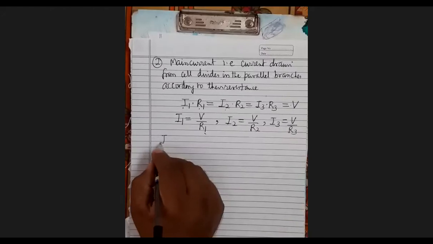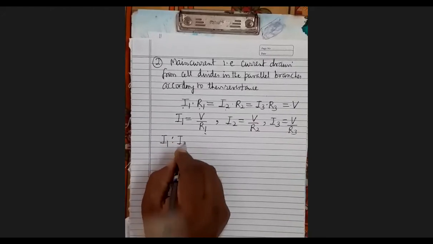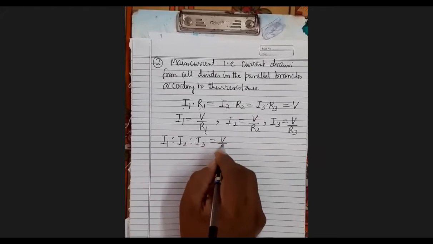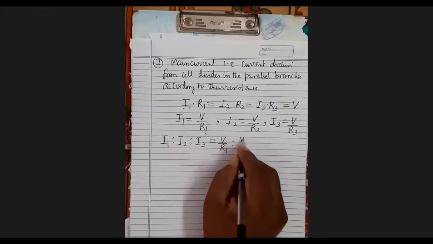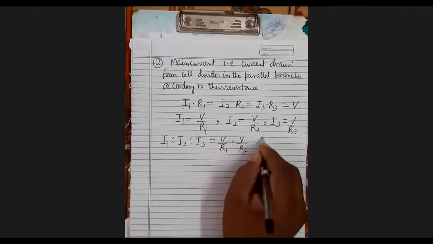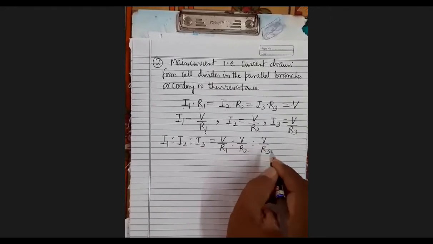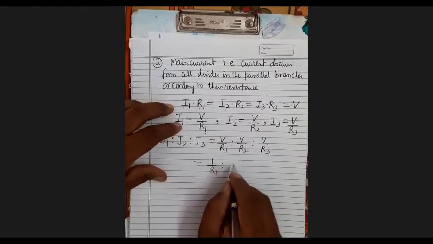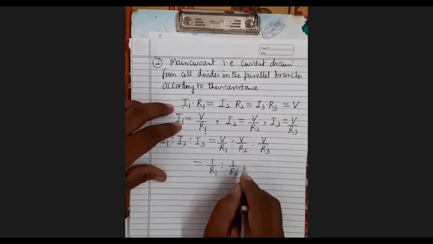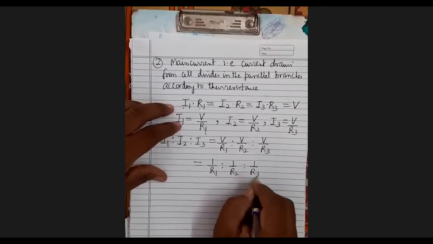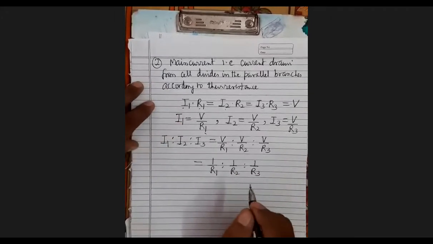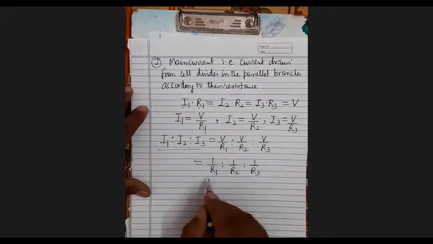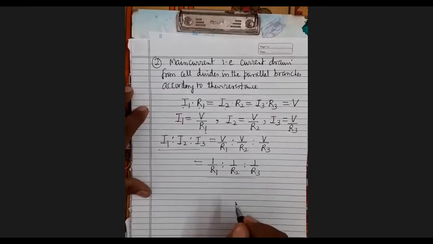So what is the ratio I1 : I2 : I3? It is equal to V upon R1 : V upon R2 : V upon R3. So it will be equal to 1 upon R1 : 1 upon R2 : 1 upon R3. Means we can say in parallel branches, current divides in the inverse ratio of resistance.